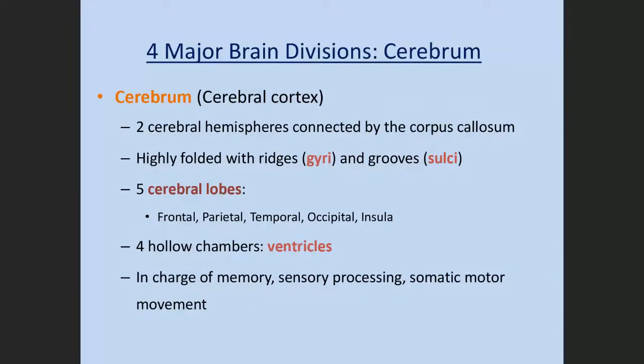Okay, so looking in a little bit more detail at each of the divisions, the major one, that's cerebrum. So this whole major portion of the brain can be separated into the two sides, the left side and the right side, or what are called your lateral hemispheres. It can also be divided into five cerebral lobes, and those should be easy to find because they follow along with the bones of the skull.